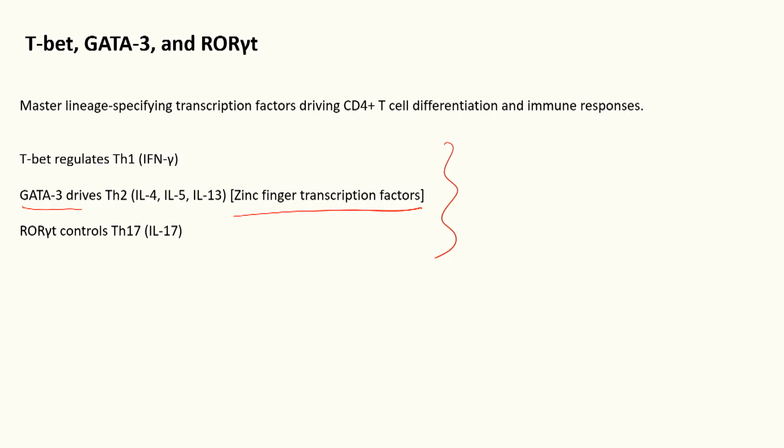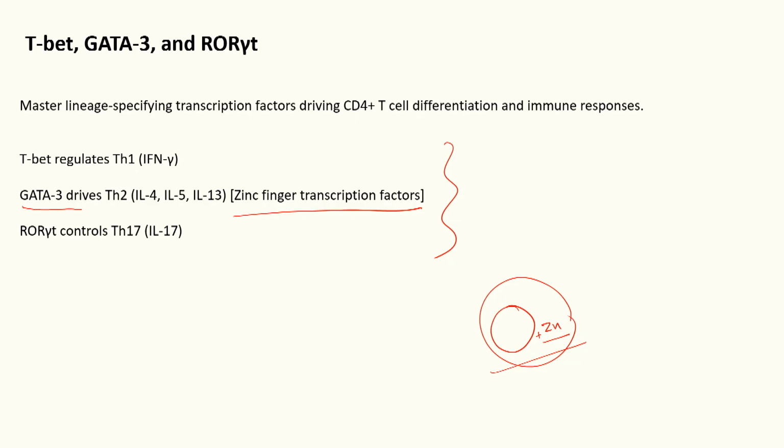What does it mean? Zinc finger transcription factors are proteins which are stabilized by the addition of zinc ion, and when zinc is involved in stabilizing this protein, they are called zinc finger transcription factors. Why is it called finger?